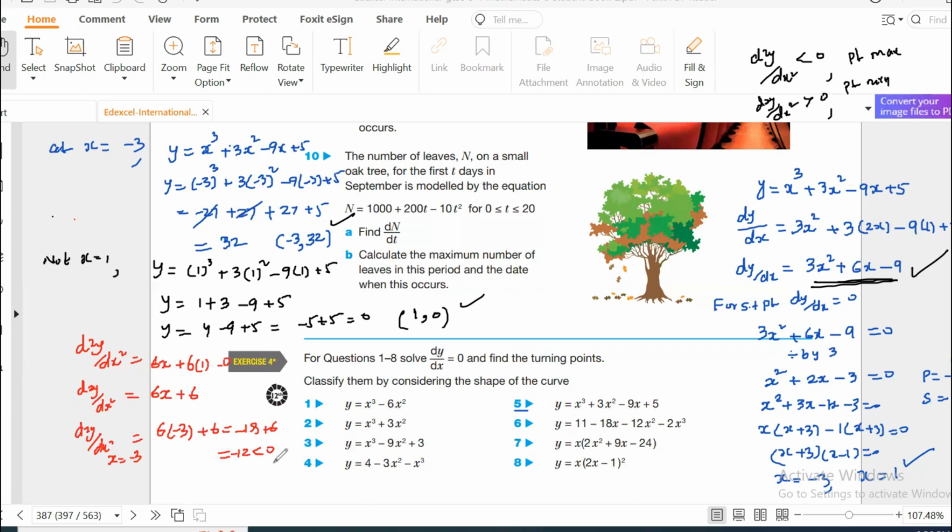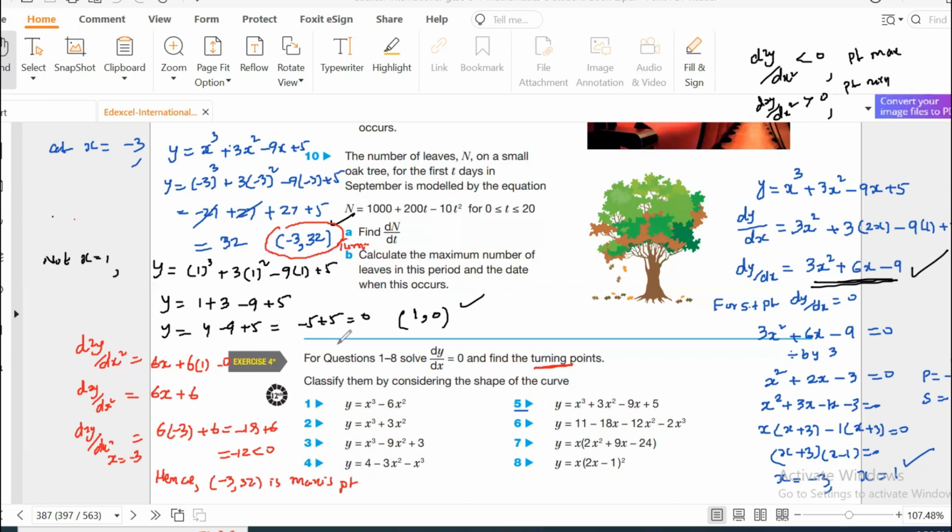It means if the second derivative is less than 0, the point minus 3 comma 32 is a maximum. This is a turning point, and we can say that it is a maximum also. Hence, you can say that minus 3 comma 32, that turning point, is the maximum point or required turning point.